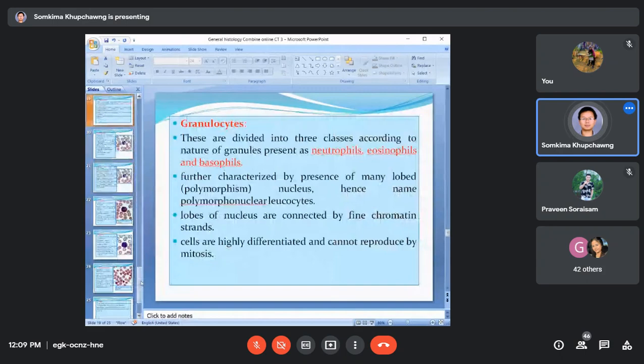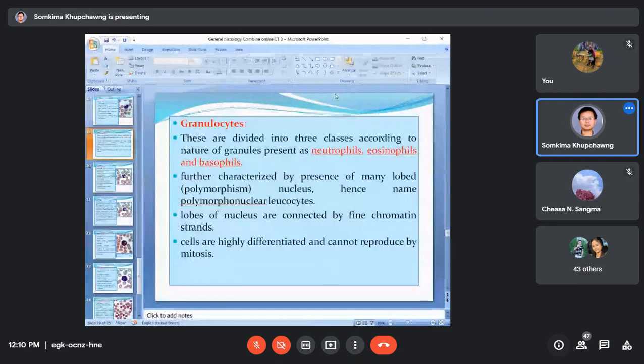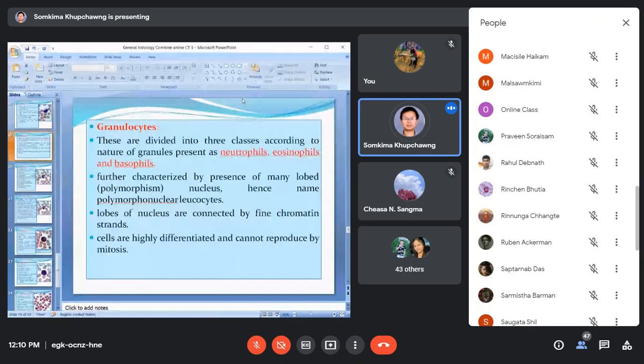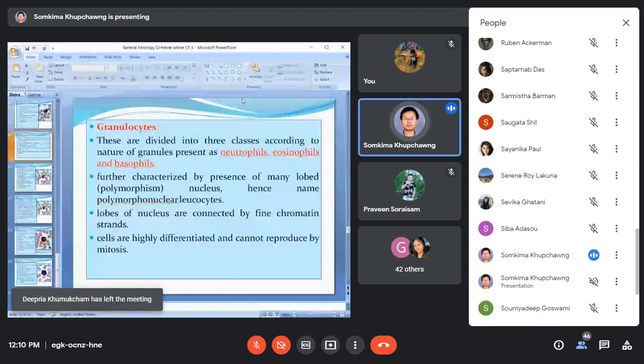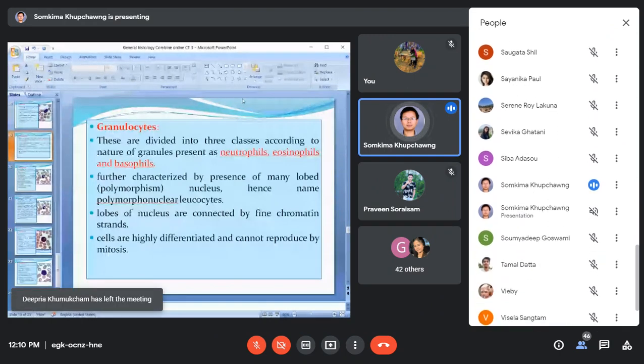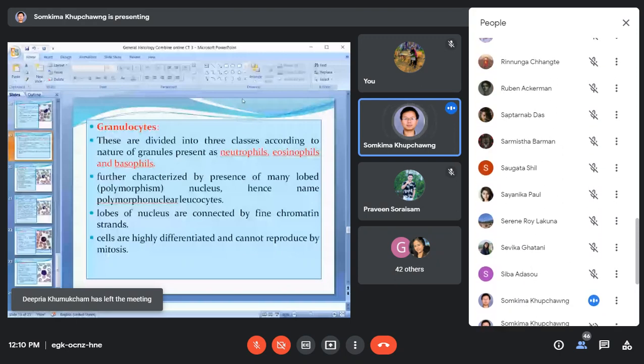Next are the granulocytes. Granulocyte WBCs are the basophils, neutrophils, and eosinophils. These granulocytes are divided into three classes according to the nature of granules present: neutrophils, eosinophils, and basophils.